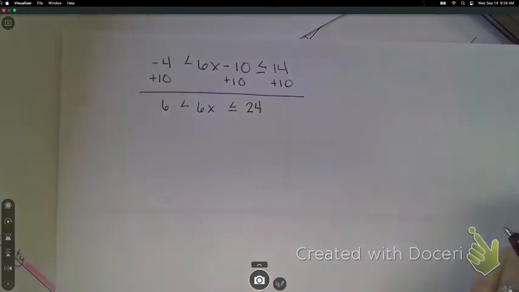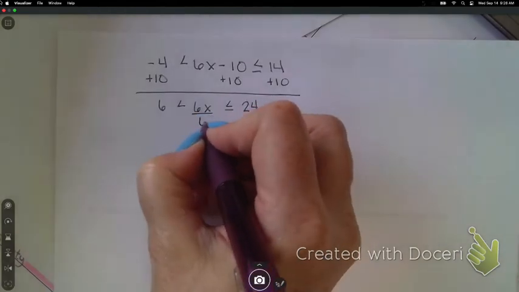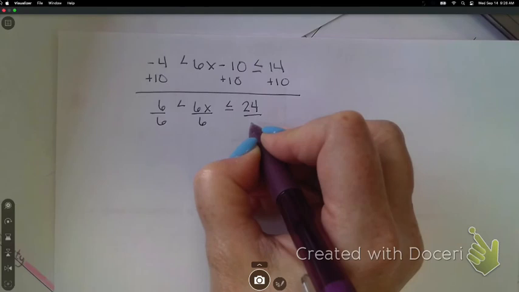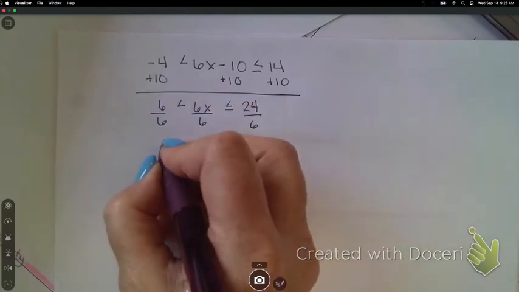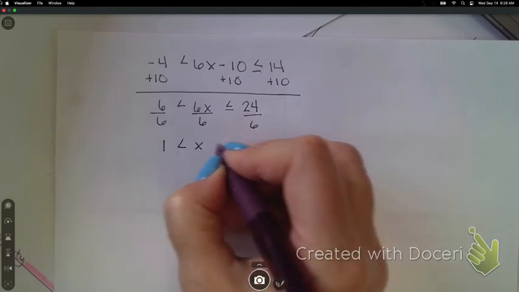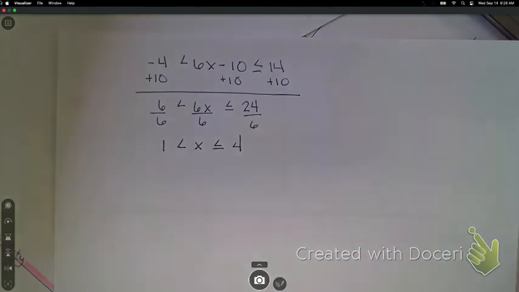Now how would I move the 6? Divide by 6. So if I do it in the middle, I have to do it to the left and to the right. So 6 divided by 6 is 1, is less than x, which is less than or equal to 4.